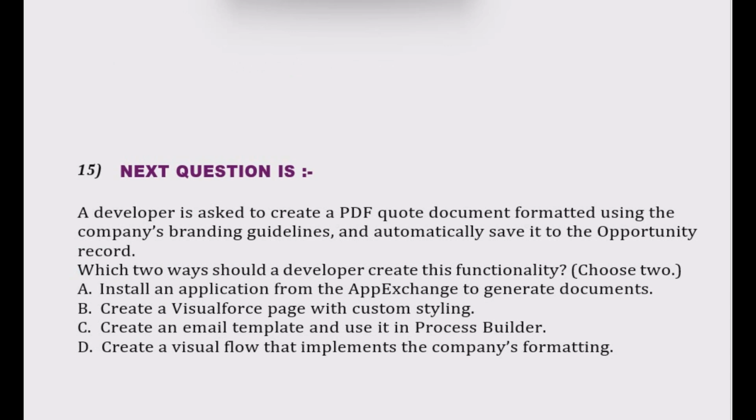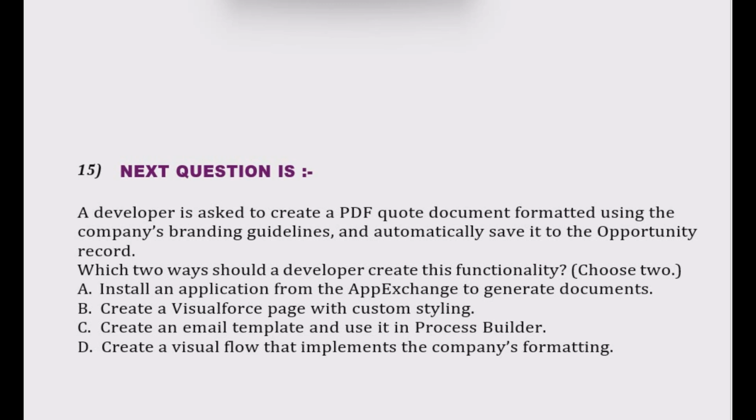Question is, a developer is asked to create a PDF document formatted using the company's branding guidelines and automatically save it to the opportunity record. Which two ways should a developer create this functionality? Option A, install an application from the AppExchange to generate documents.